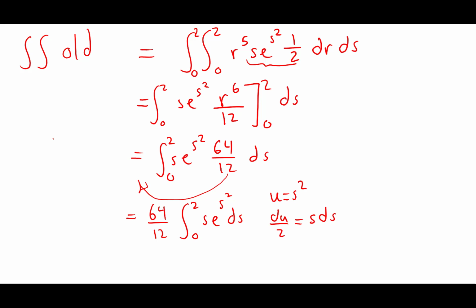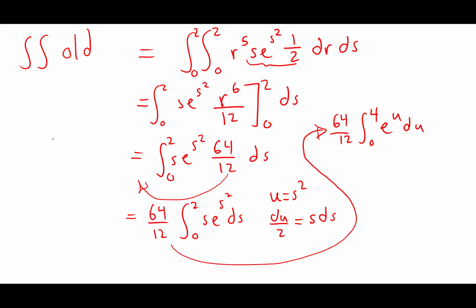So this integral will become 64 over 12, integral from 0 to 4. Remember we're changing our bounds here because we're doing a u substitution. E to the u, du. So this will be 64 over 12, e to the 4 minus 1.